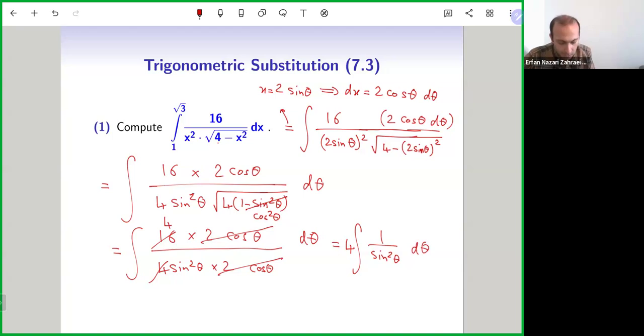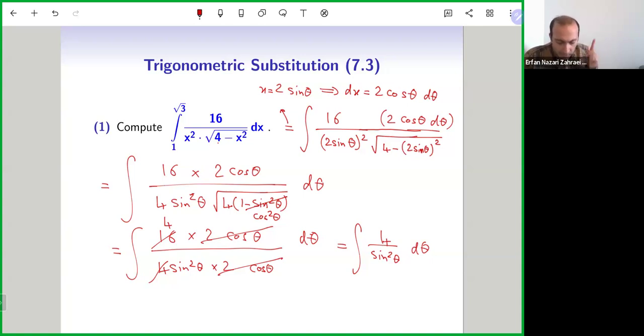That's what you get. This 2 cos completely cancels this 2 cos. This 4 cancels 16 and you get just an extra 4. Write it on the back, and then 1 over sine squared. Or if you like at this step, you can write 4 inside: 4 over sine squared d theta.